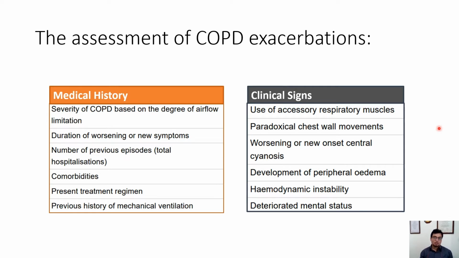And how many times the patient has been hospitalized in the past, and what other comorbidities apart from COPD the patient has, and what is the present treatment regimen, whether it contains one bronchodilator or two bronchodilators of the same class or various classes, steroids, etc. It should also focus on the previous history of hospitalization, as well as ICU admission, as well as mechanical ventilation. On examination, how will you assess COPD exacerbation?